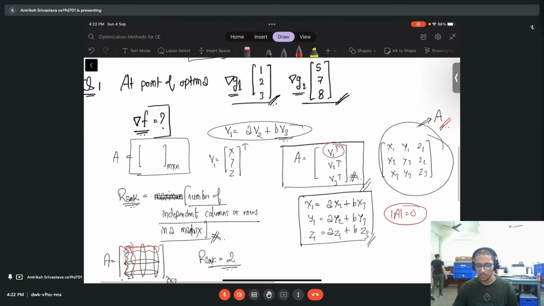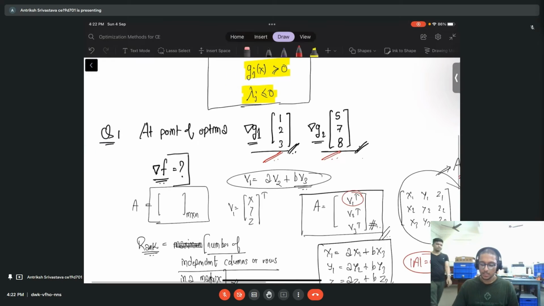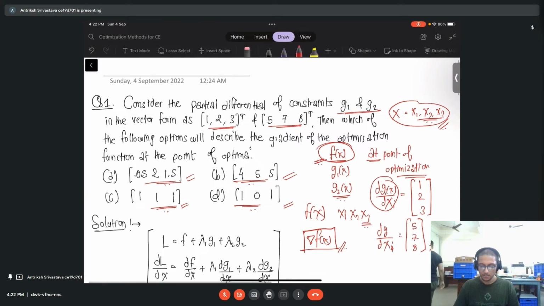Now we have these two vectors that signify the gradient of the constraints at the point of optima. Let's go back to the options and see which one is going to be the gradient of the particular function at the point of optima.